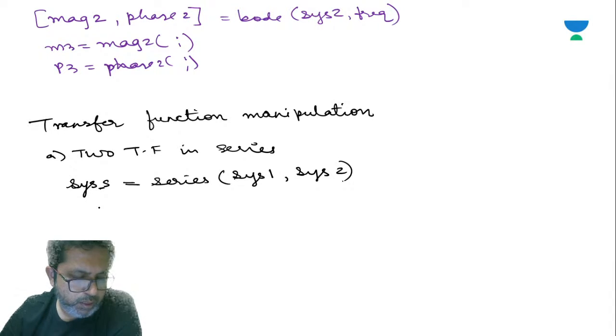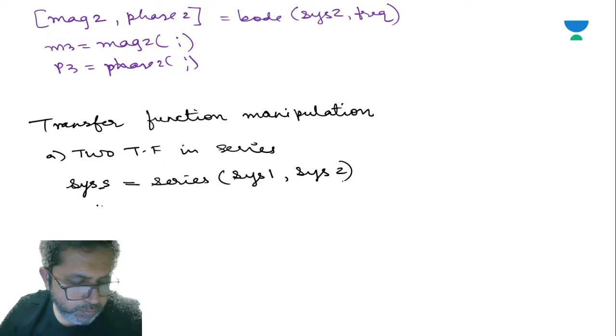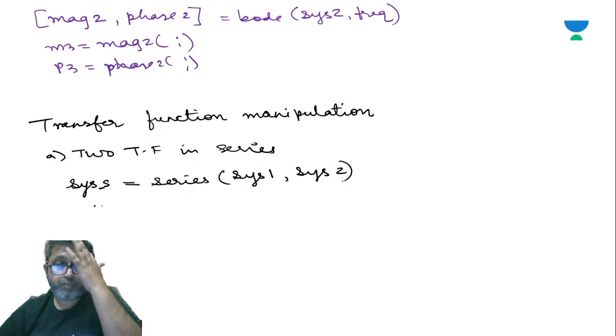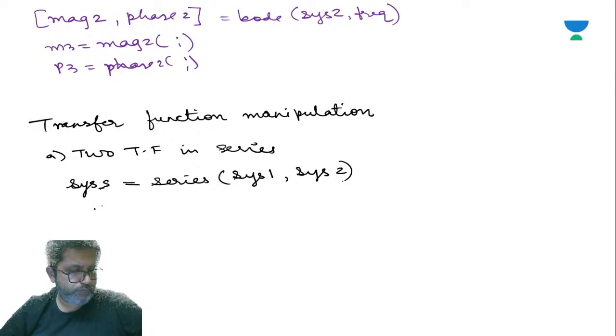So this is the series transfer function.